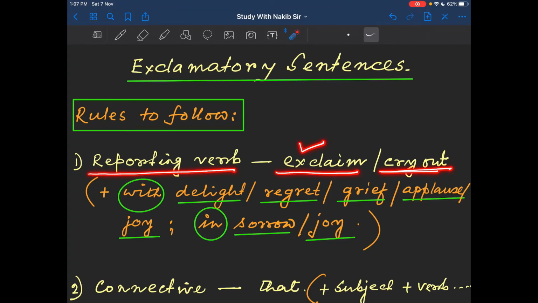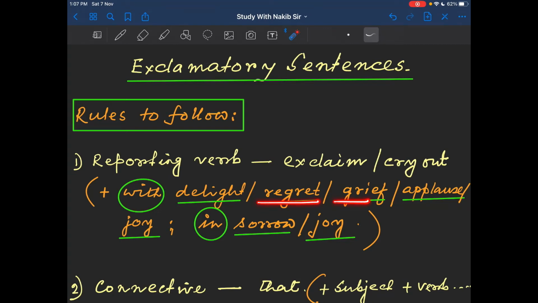After that, look at the sentence and try to find out which emotion or feeling it is expressing. If it is delight or pleasure, use "with delight." If it is sorrow, use regret, sorrow or grief.